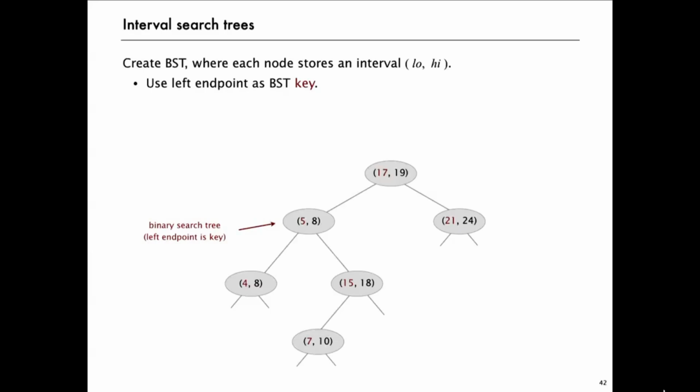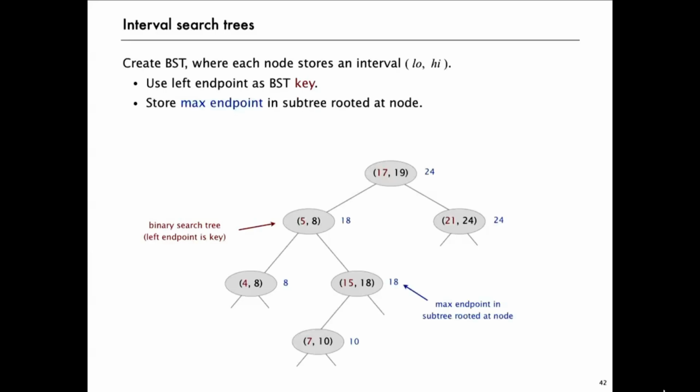This is the binary search tree that's built from those 6 intervals in our example. 17, 19 is at the root, so everybody with a left endpoint less than 17 is to the left, and everybody with a left endpoint greater than 17 is to the right, and so forth. So that's a binary search tree built from those intervals. That's easy. Just use the left endpoint as the search key.